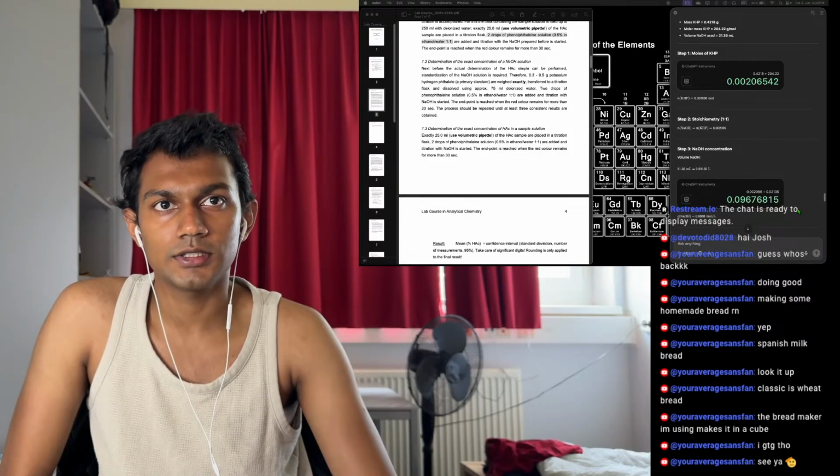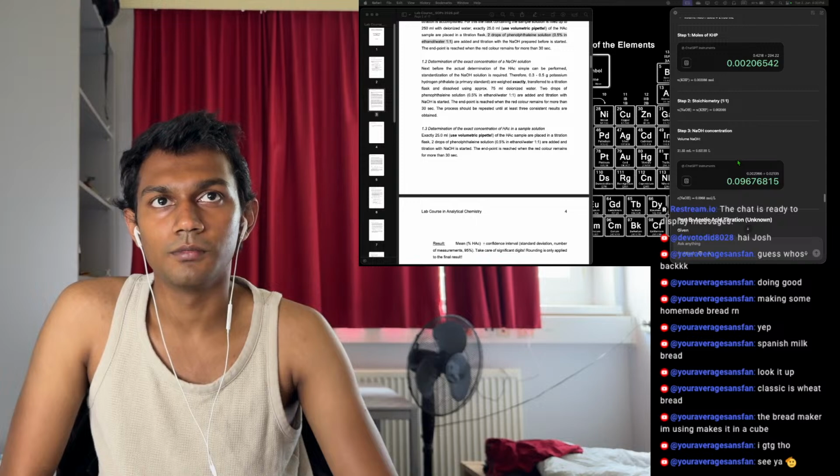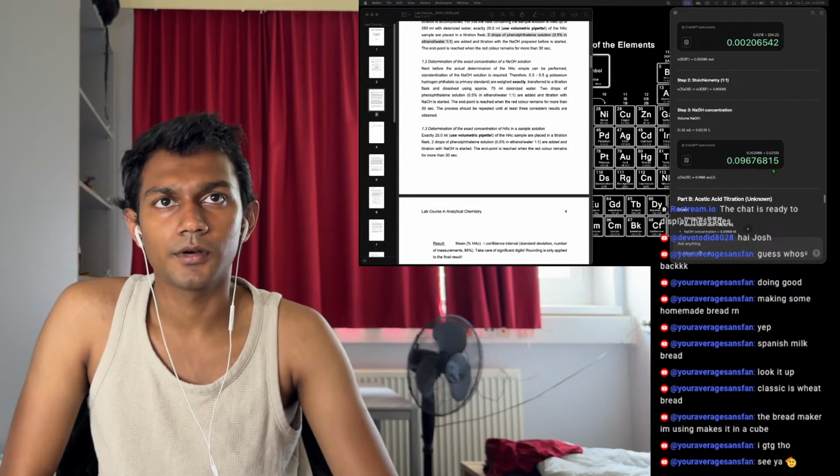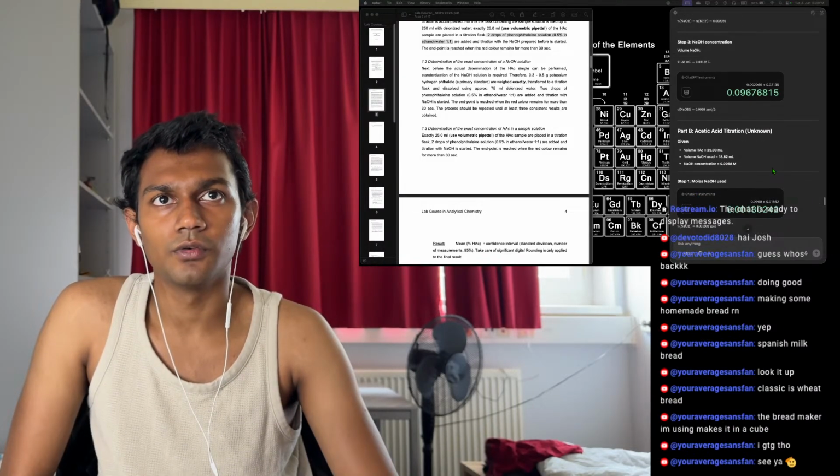Concentration 0.968 mole per liter. So number of moles divided by volume. Yep. Concentration. And acetic acid titration, unknown.